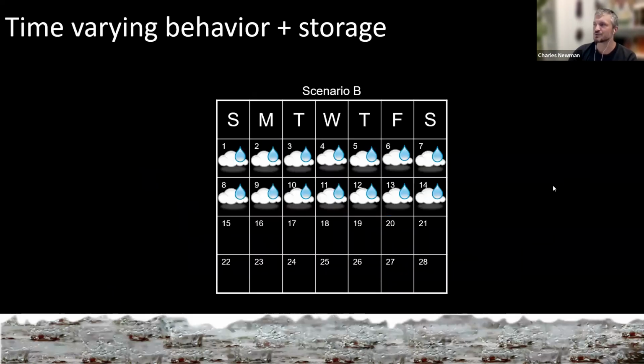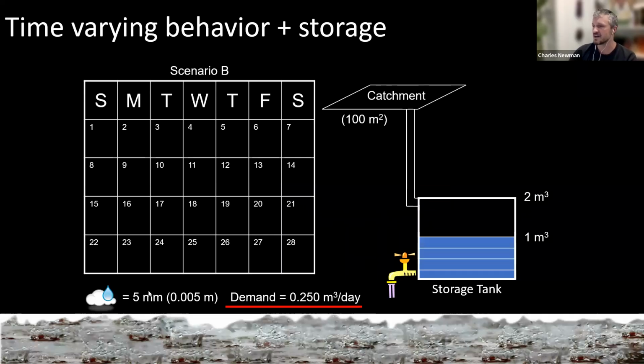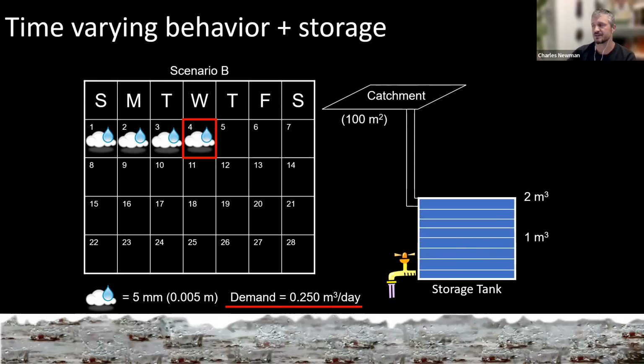Let's move over to scenario B. How is the reliability of this system considered, factoring in this different sequence of rainfall events? Again, all of the same quantities, all of the same water system. Sunday, consume, rain event, consume, rain event, consume, rain event, etc. And you can see here now the water tank is full.